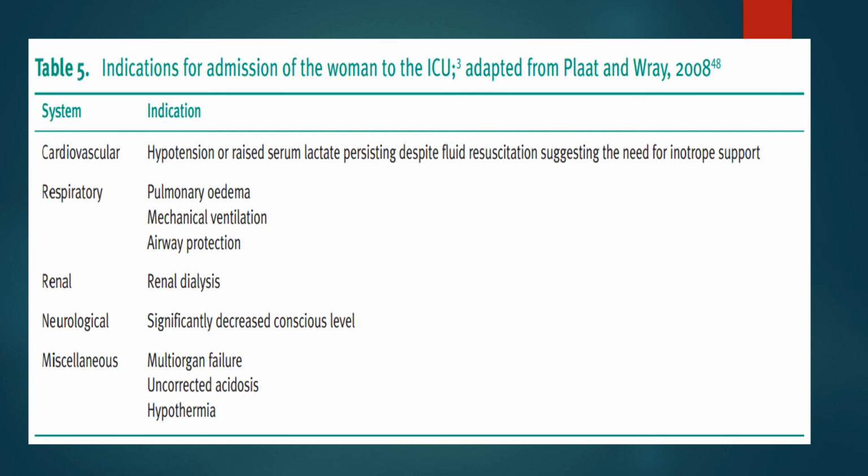Table number 5. Indications for admission of the woman to the ICU, as adopted from Platt and Ray of 2008. System: cardiovascular. Indication: hypotension or raised serum lactate persisting despite fluid resuscitation, suggesting the need for inotrope support.